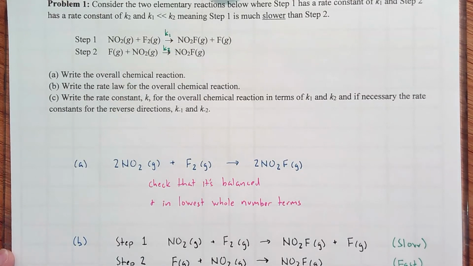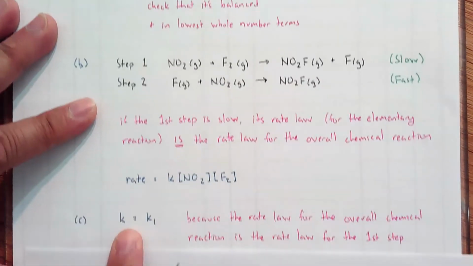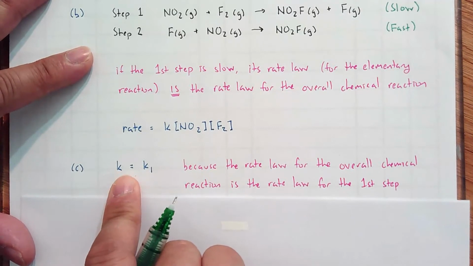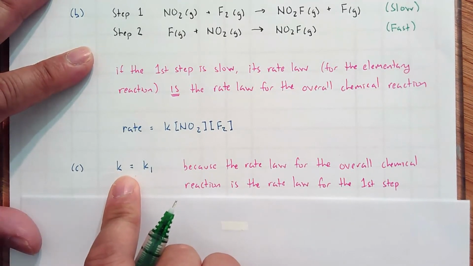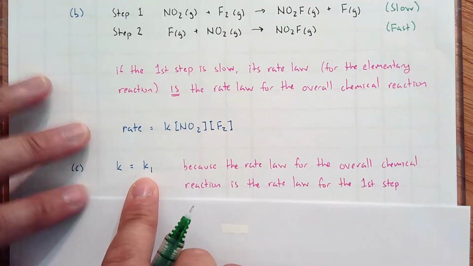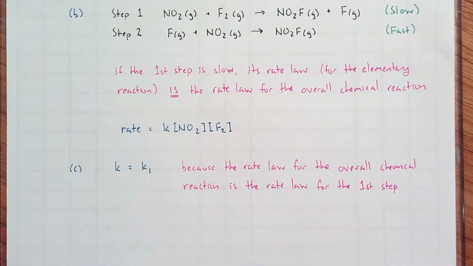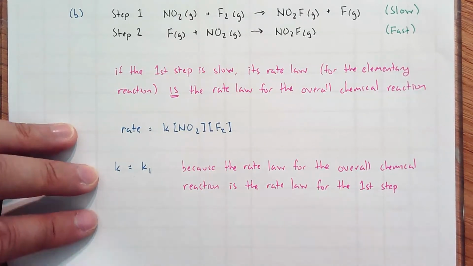Yep. So, actually, the K of the overall rate law for the chemical reaction is equal to K1, the rate constant for step 1. That was easy, or that was meant to be a warm-up for problem number 2.